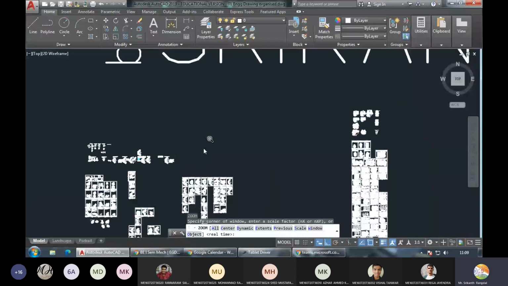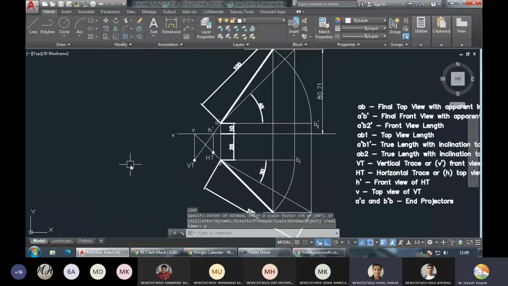The front view length he is giving now. Where is the front view length? Should we draw the dark line, sir? Not the dark line. Here I have told you now: when he is giving the front view length, you should draw this line. Because if you want to draw the dark line, do you know the angle of the dark line?